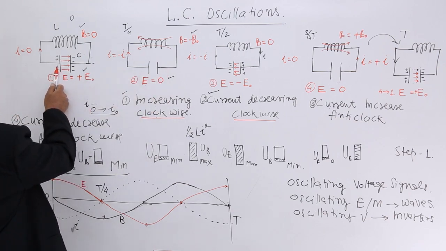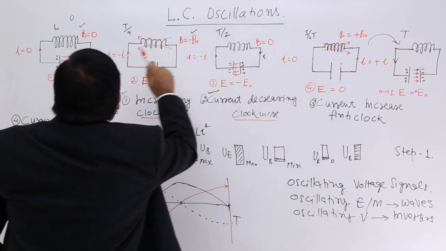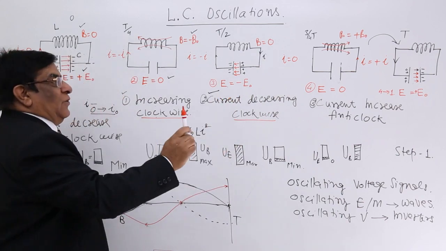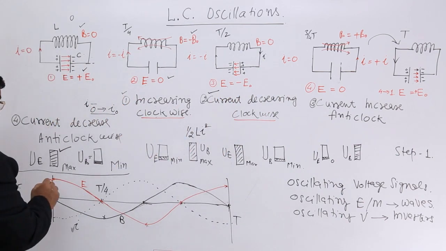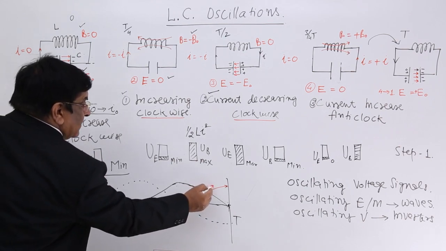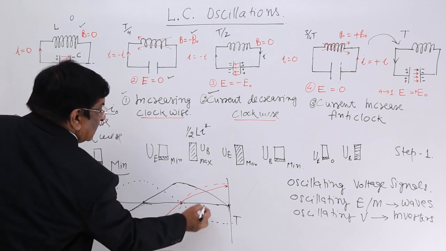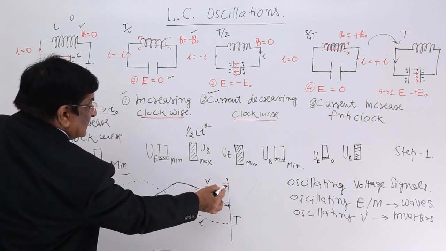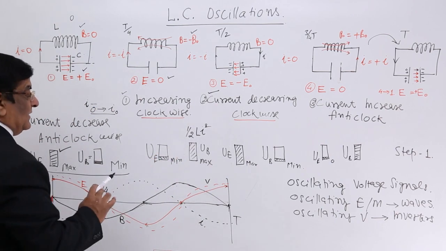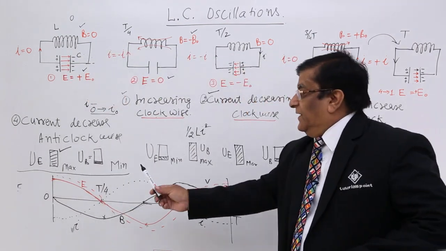You see, this is plus V, 0, minus V, 0, plus V, 0, minus V, 0. It keeps on oscillating. So here is V. So this is I graph, this is V graph, this is E graph, this is B graph. So in this way we get the oscillations.